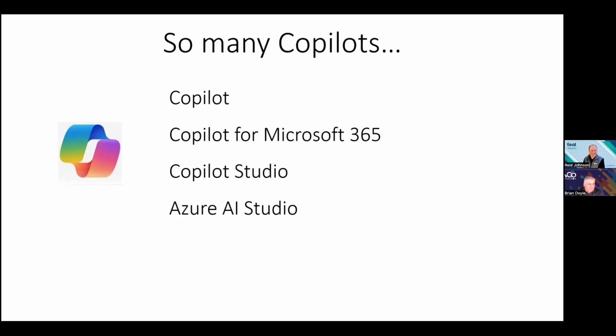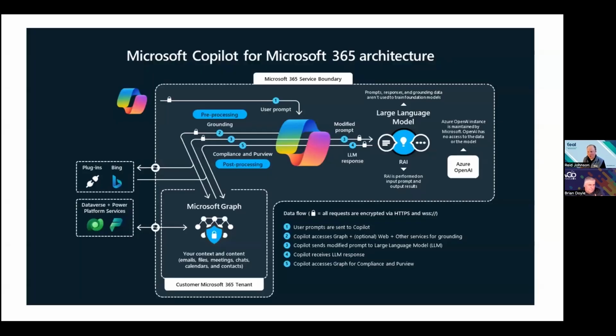Yep. So the architecture behind all this is pretty extensive, so that's what I'm going to share next. Let me put that slide up. This diagram really shows what all is happening when you're using Copilot for Microsoft 365. You're going to type in a prompt, create a document for me, or ask it for some information.